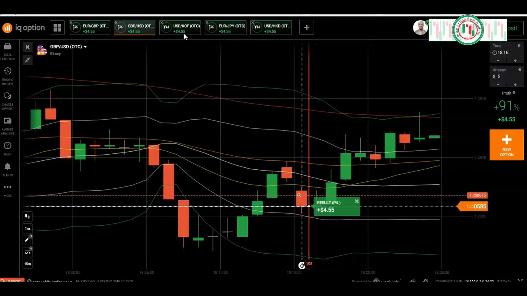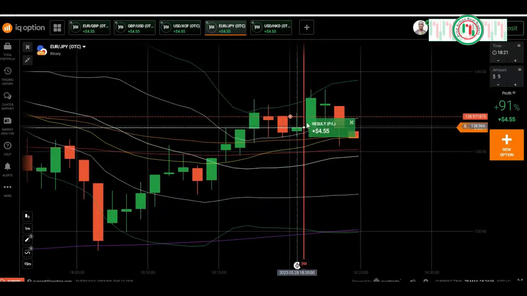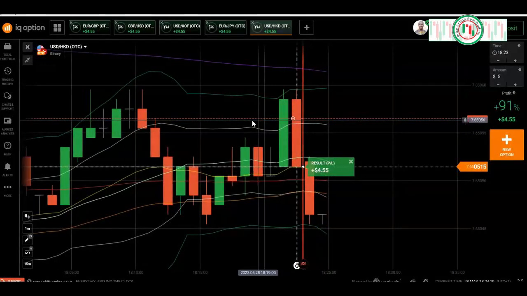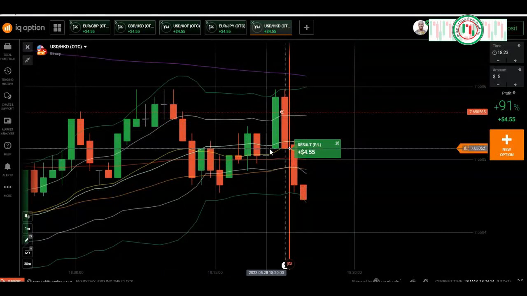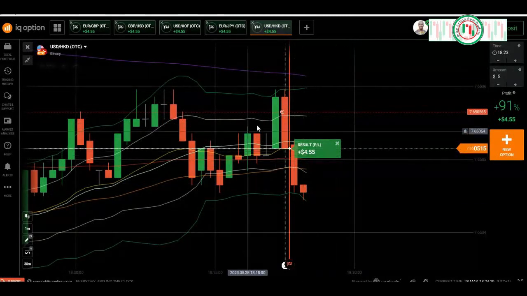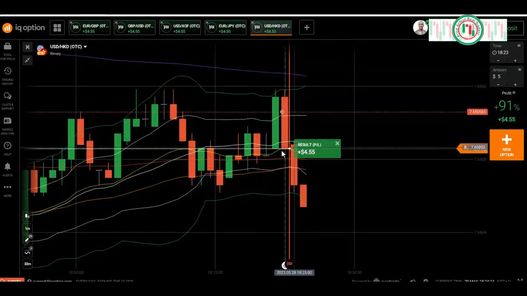You see this one put, this one put, this one put as well, and the last one put. So you see, I took a total of 5 trades. All are winning trades based on my analysis: zone, running candle, market structure, EMAs. All these things you have to know very well so that you can analyze it very well.